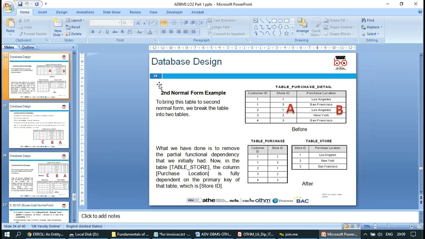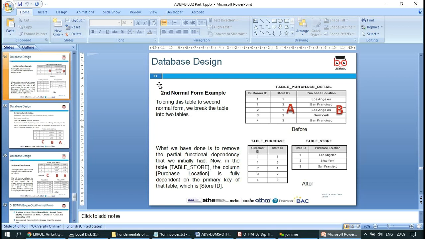And in the previous one, the item location was dependent on the store ID, so instead they split it here and made life easy.